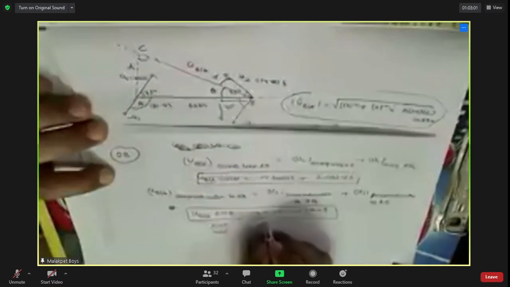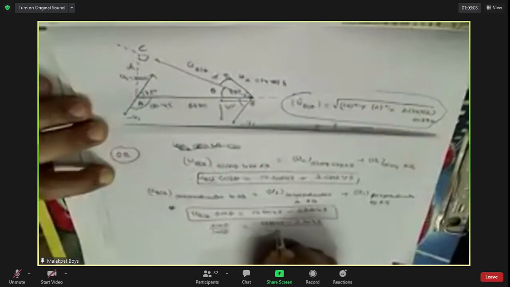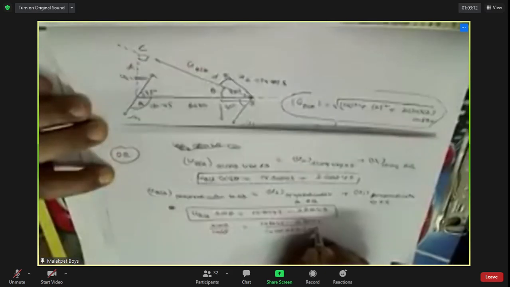You will get 14 sin 45. You know about sin 45 now? 1 by root 2. If you substitute that and simplify, you will get this exactly as tan theta.